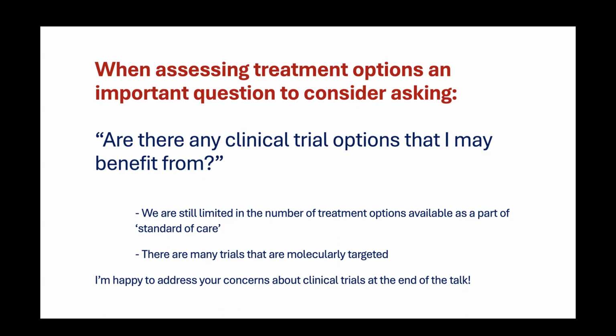So it's important to at least know what's available, because sometimes, before standard of care, there's a newer potential option of adding a backpack treatment on, which may make your treatment more effective. Or if you're progressing on a standard treatment, what else is out there? So these are all important things to consider.